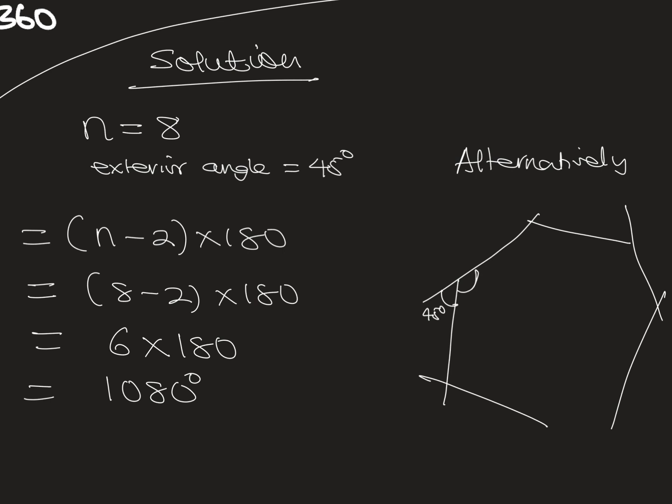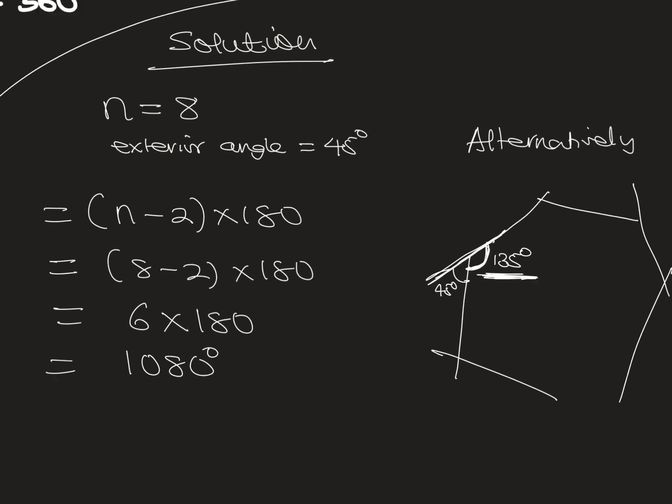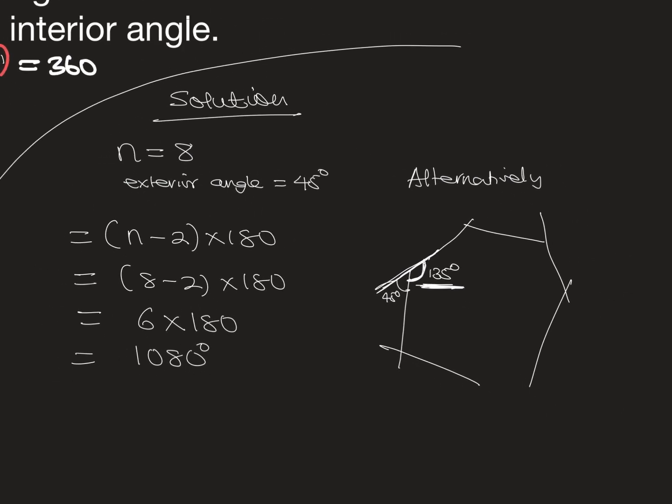And what will be the interior angle then? Because it is angles on a straight line, it will be subtracted from 180. So which means each interior angle is going to be 135 degrees, right? And when we know that, because it is 8-sided, and each angle is 135, then what will be the total angle or the sum of the interior angles?